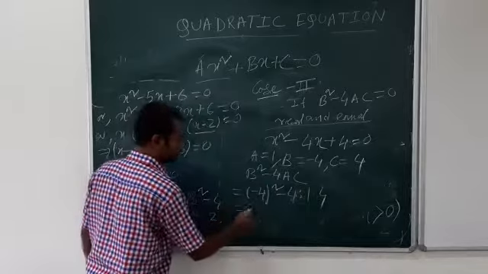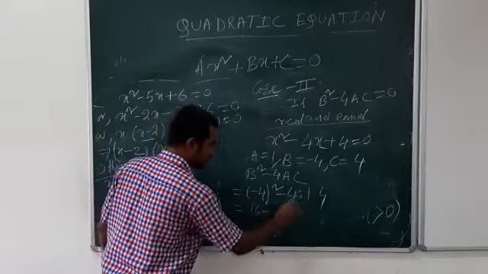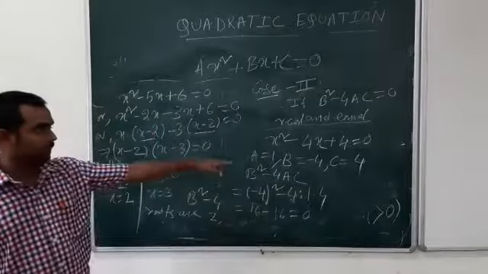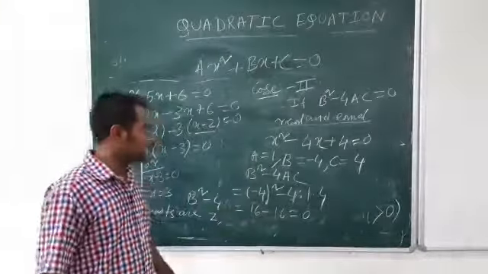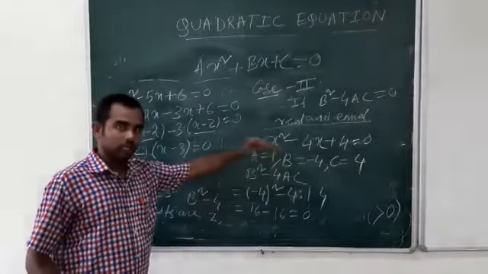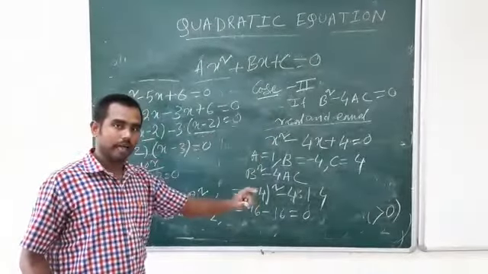Minus 4 whole square means 16, minus 16, so it is equal to 0. So the discriminant is 0, and we can say that the roots of the given equation are equal and real.